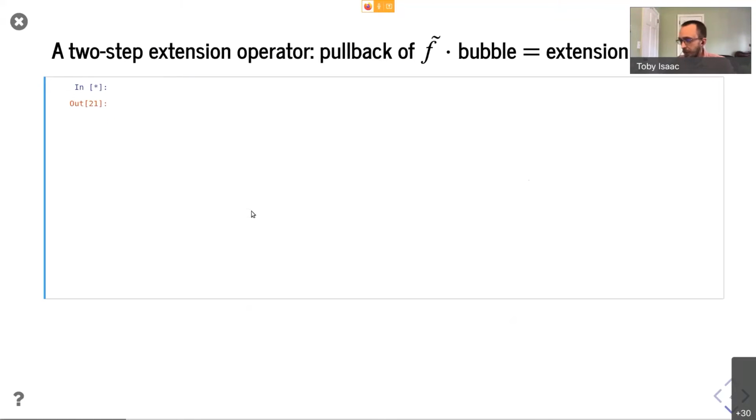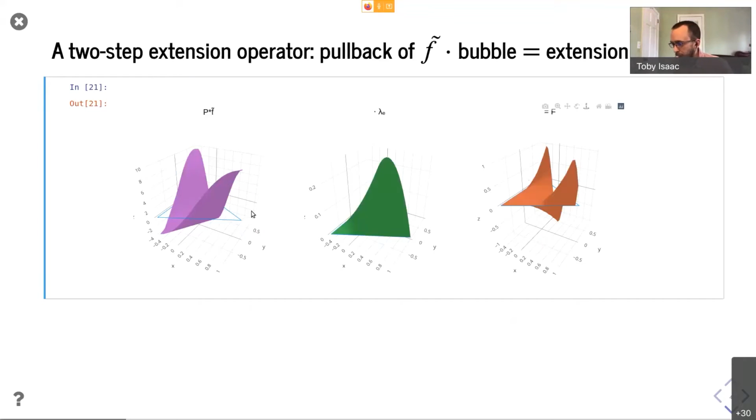And so to put it all together, there is a way that we can construct this extension operator for any function on the edge, which is we take its unrestricted representation, and we extend that into the triangle.